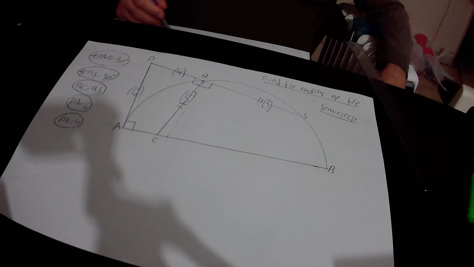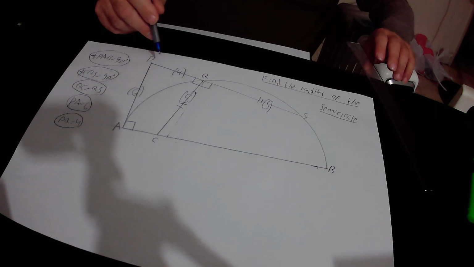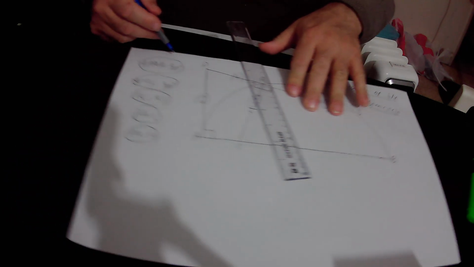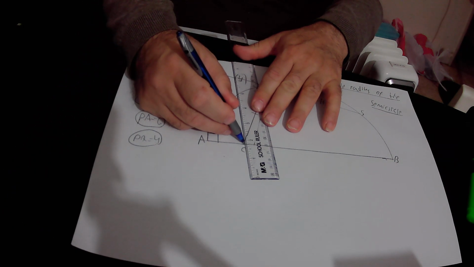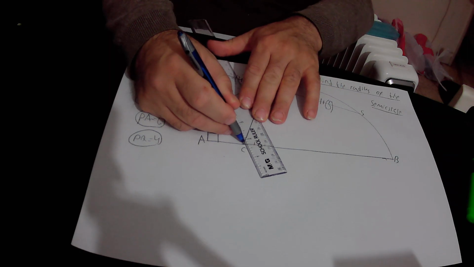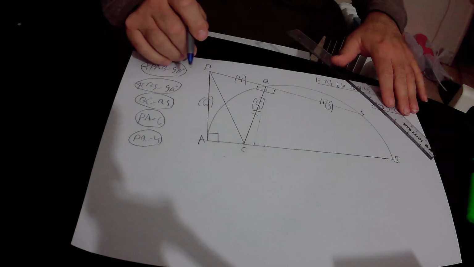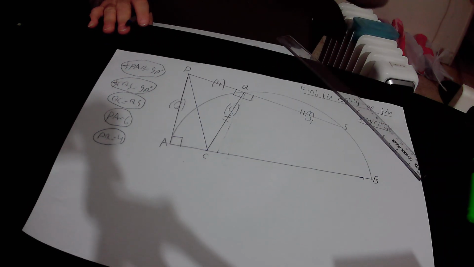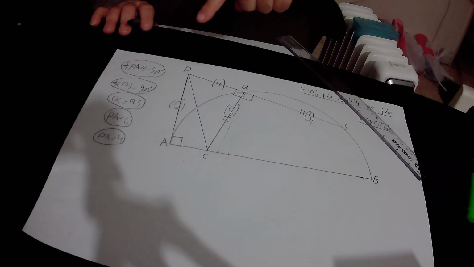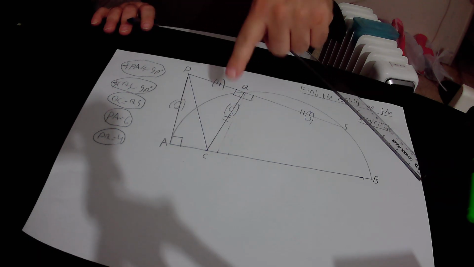In the next step we will join points P and C together by a straight line. By joining points P and C, we actually created here the right triangle, triangle PQC.